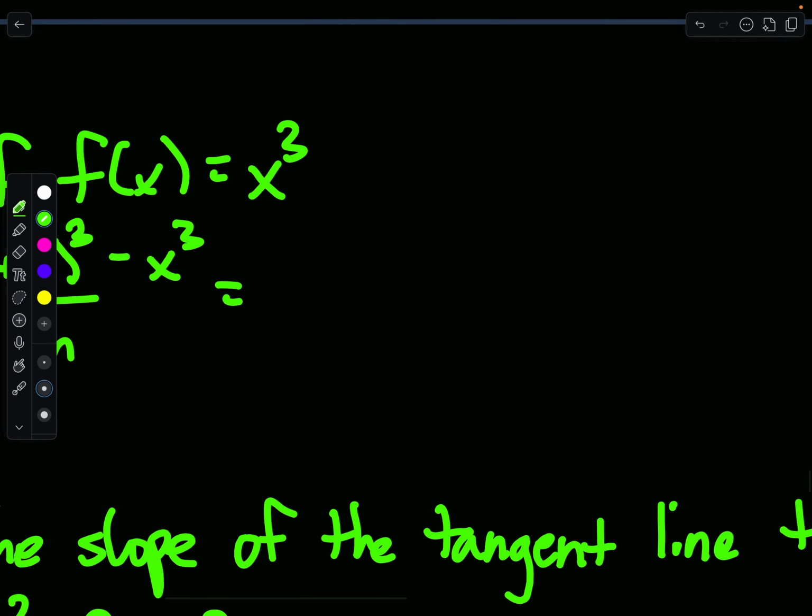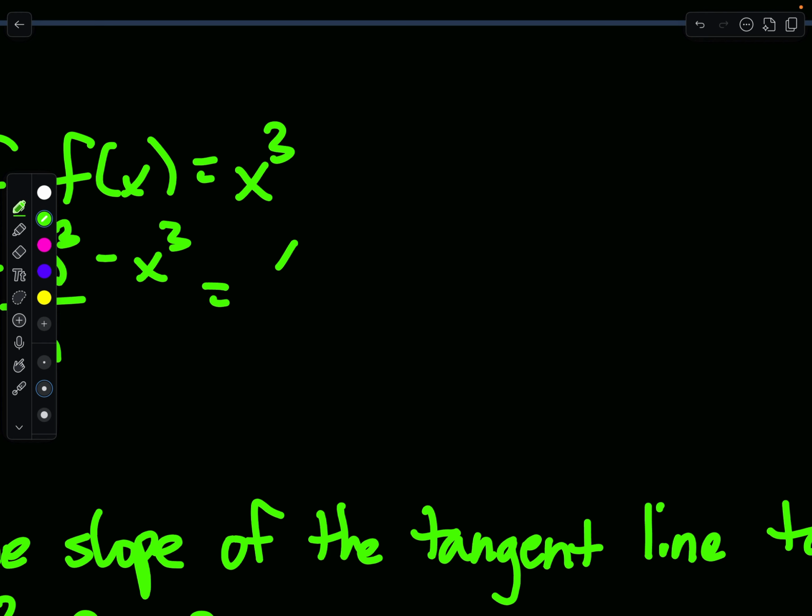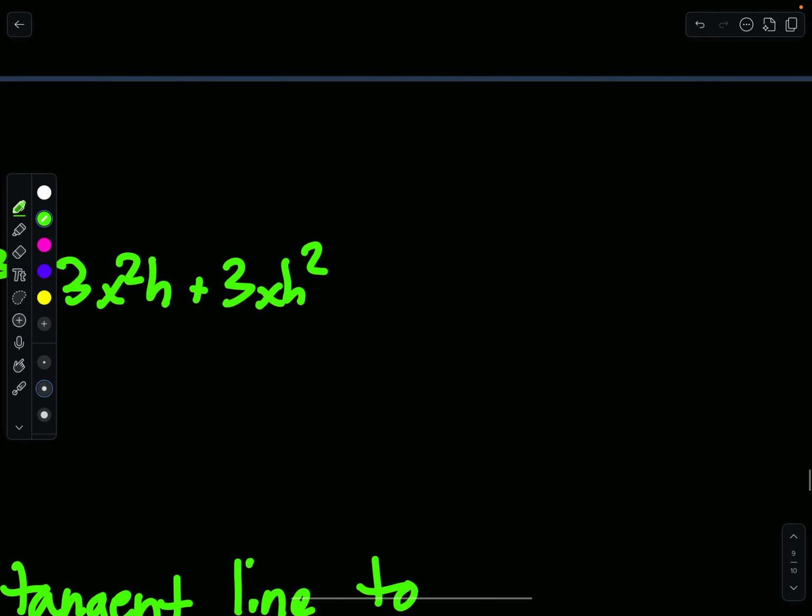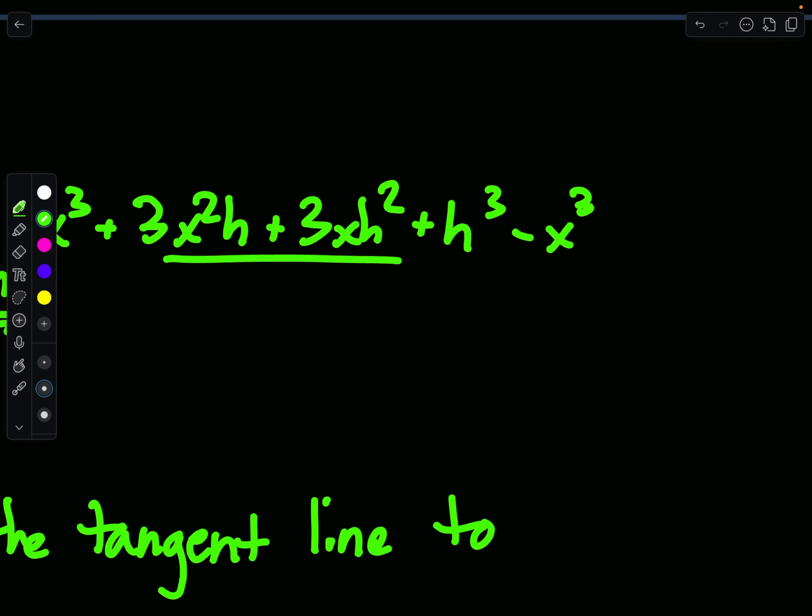We expand this to get the limit as h approaches 0 of x cubed plus 3x squared h plus 3xh squared plus h cubed minus x cubed all over h.